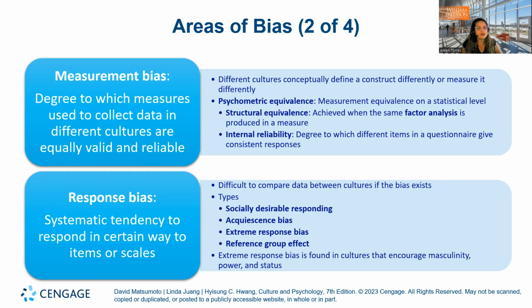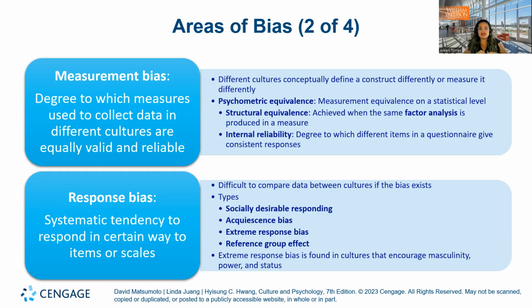There are also response biases. I know sometimes when I give measures to my clients, some of them respond what they think I want them to respond. Some just say yes to everything because they want to be very acquiescent. Some have very extreme responses, like they're always sad, they're always anxious, even though there's a gradient or a Likert scale.